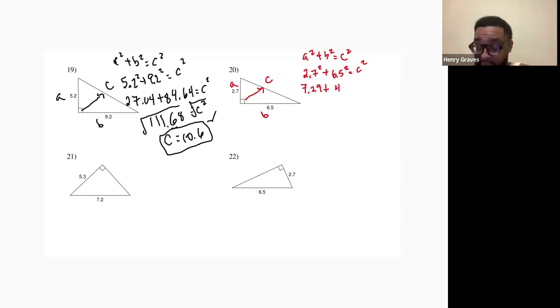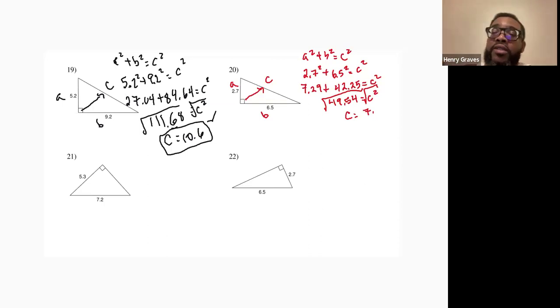If I add those together, 49.54. And I know the answer is going to be 7 point something because I know the square root of 49 is 7, right? Let's just say it's approximately 7.04. That's really close to 7, isn't it? I just rounded it to the tenth place.